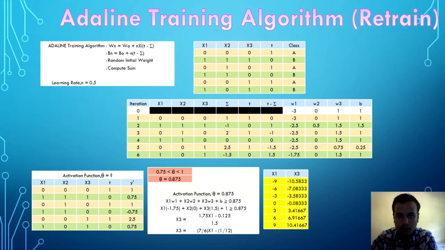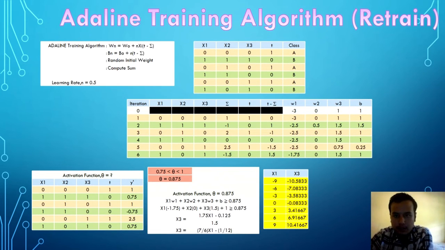First of all, we have 000 T1 class A, and then 111 T0 class B, 010 T1 class A, 110 T0 class B, 001 T1 class A, and 101 T0 class B. So we change the data to this.